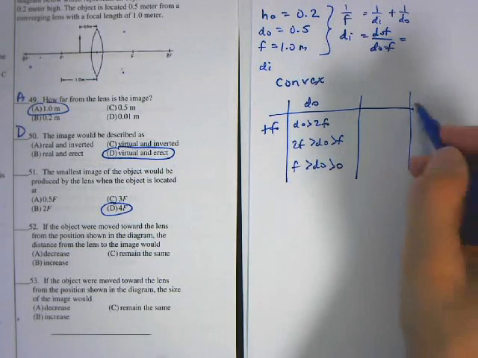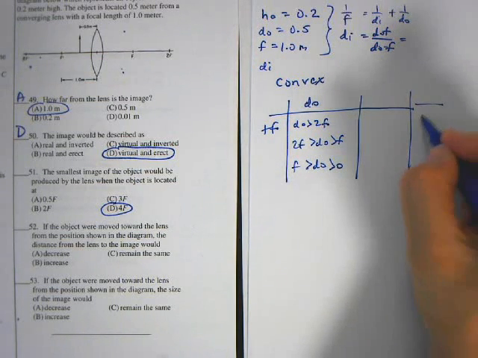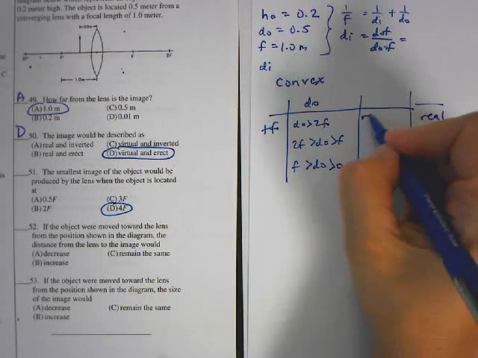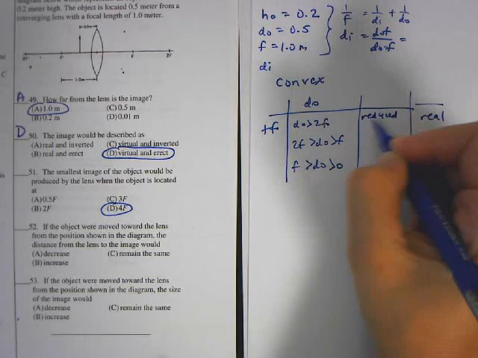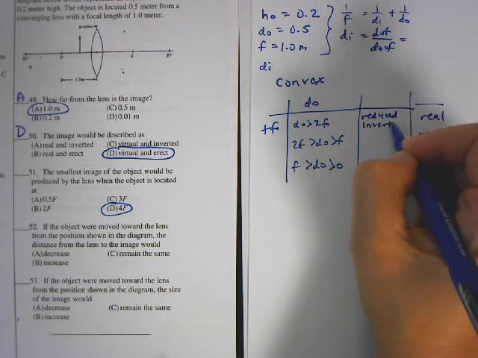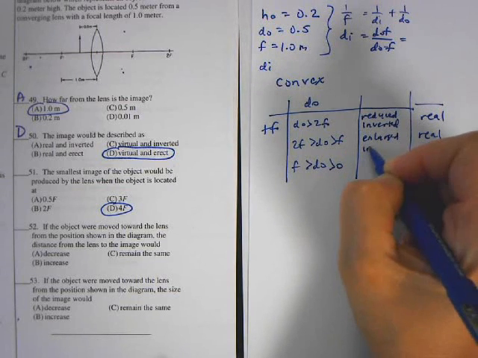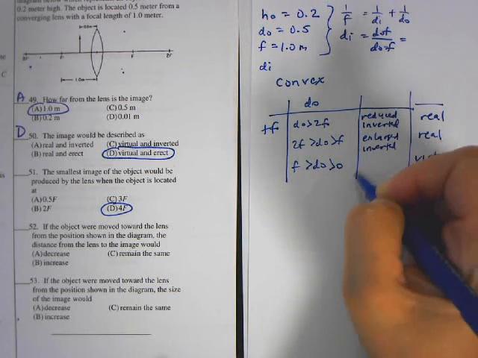So we know that, in this case it's real, in this case it's real, and in this case it's virtual. And then here it's reduced and inverted. In this case it's enlarged and inverted. And then in this case it's enlarged.